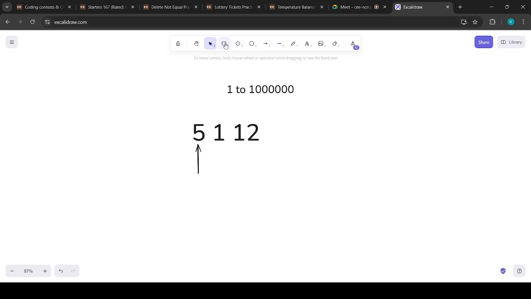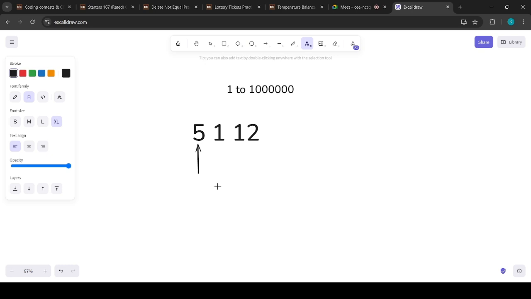If there are other numbers like 2, 5, 7, 9, and 5 is ours, we have to find how many numbers make us win the lottery.